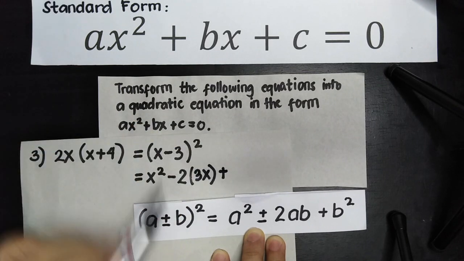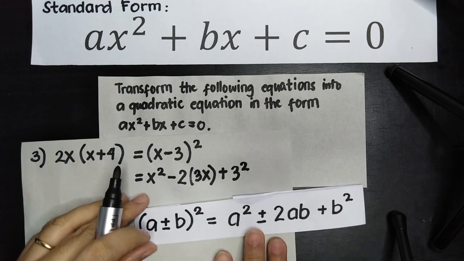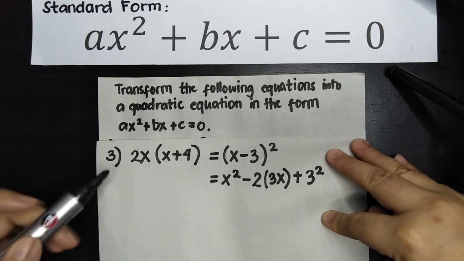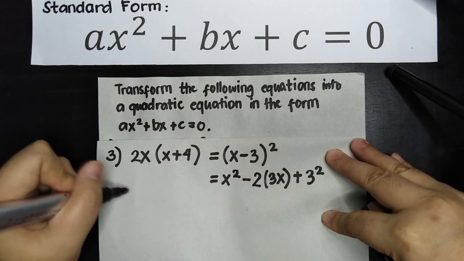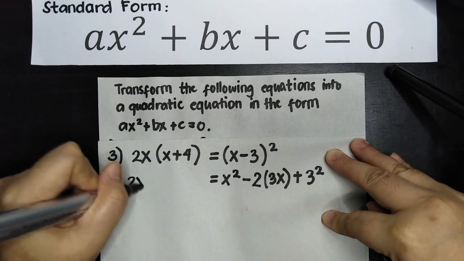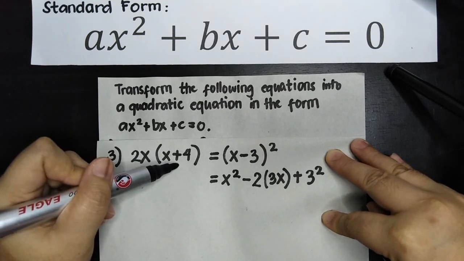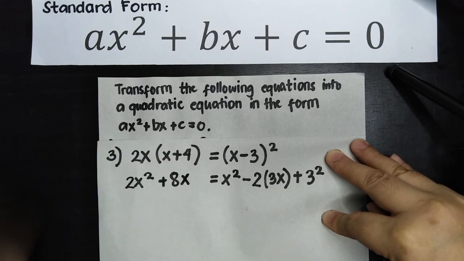So, positive, this, 3 squared. On the other side, we will do the distributive property. So, 2x times x, the result is 2x squared. And then 2x times positive 4, the product is positive 8x.